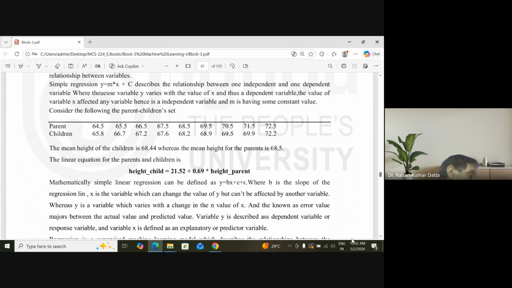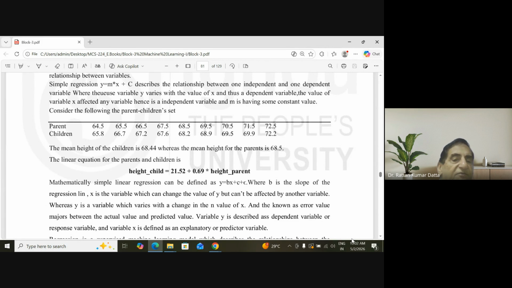Supposing some parents are very short, the mother is short and the father is tall, or the father is short and the mother is tall, the child can be very tall or very short. One child is short, the other child is very tall. But if both mother and father are tall, then their children will definitely be tall, unless somebody is abnormally short. So that type of thing.